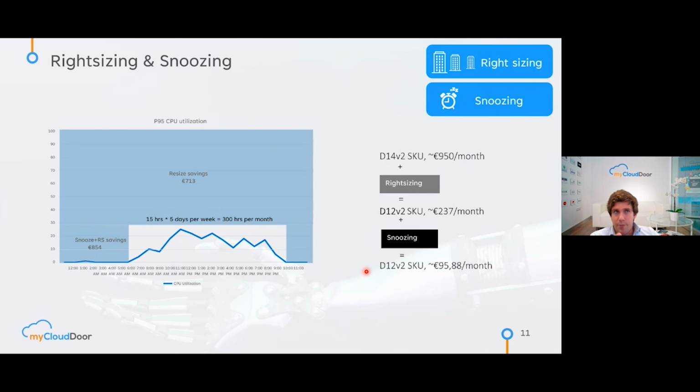This seems pretty easy to calculate, but we need to take into consideration that, first of all, proper monitoring tool, not just the ones that the provider is giving us. So we are able really to see the performance on CPU, on IOPS, on memory, to calculate the size that I need.